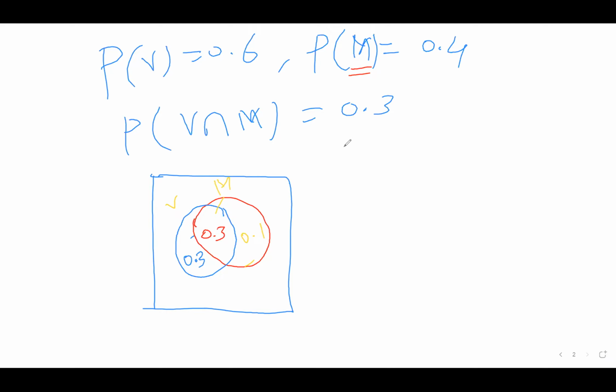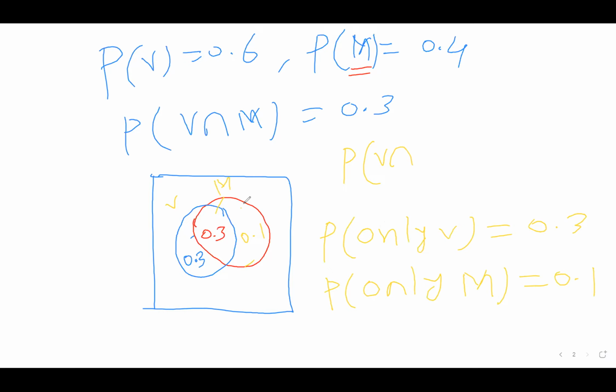So what we are looking for here is the probability of only V and only M. So what is the probability for only V? Only V is 0.3, right? So the probability of only M is 0.1, right?